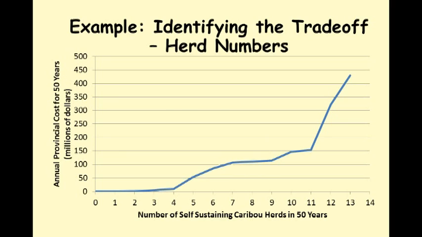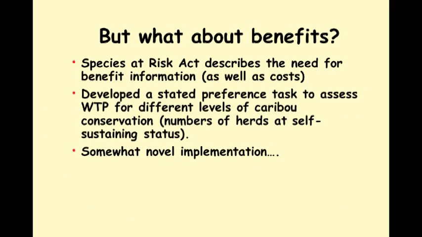The most interesting part, which is not surprising, is that this curve is not linear. In fact, you can gain a lot for relatively little cost over a lot of the range of the caribou herds. Then the costs go way, way up. And that's because of this differential resource under the ground, depending on what herds you deal with, basically.